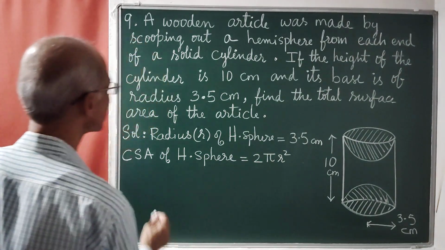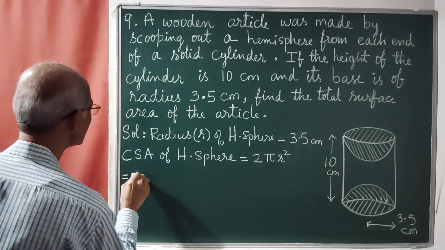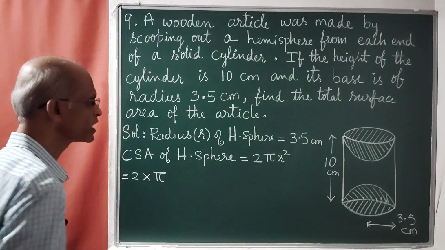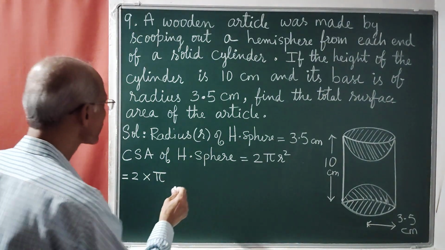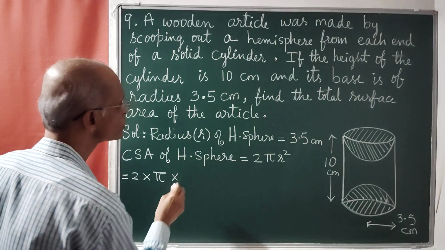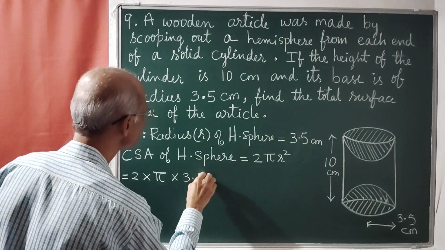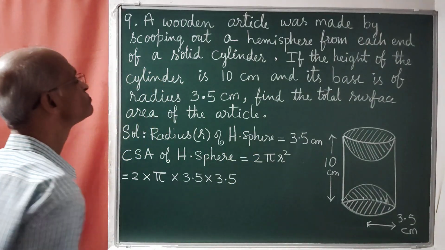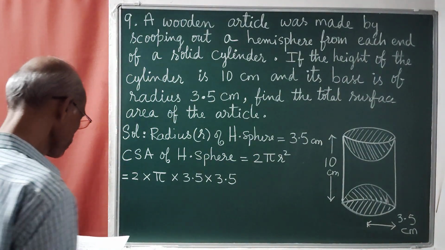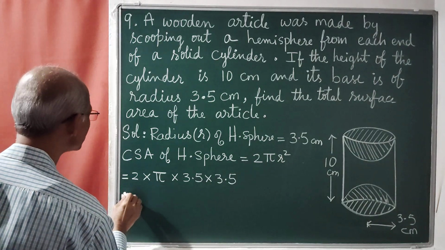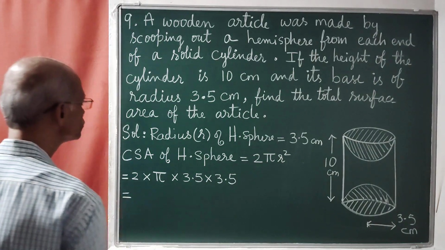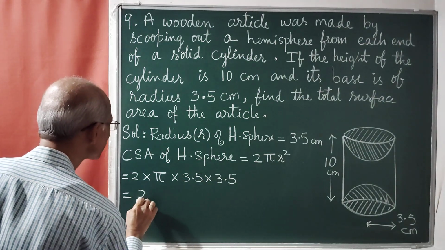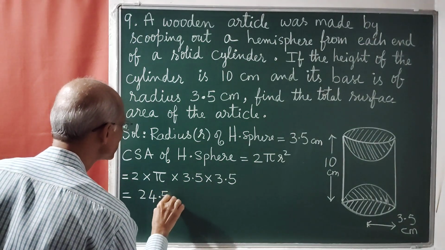For the time being we'll keep pi as pi only, we'll take care of the pi at the end. 2 pi into r square means 2 into 3.5 into 3.5, which is 24.5 pi.